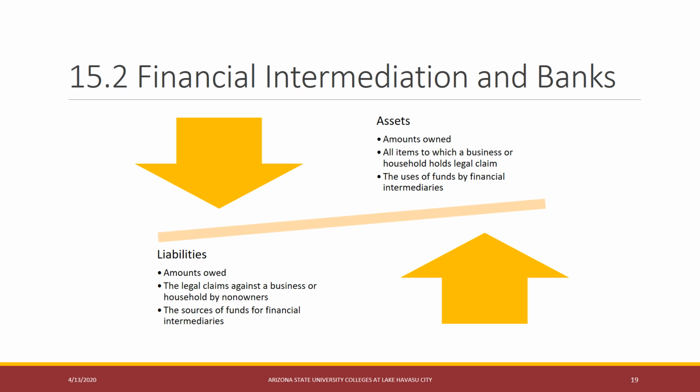So assets are those amounts which are owned, all the items to which the business or households have a legal claim, and these are the uses of funds by the financial intermediaries.